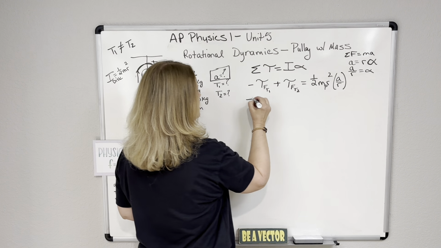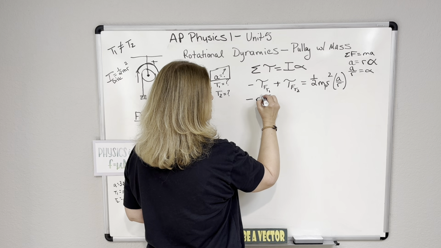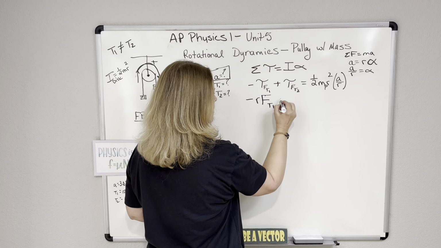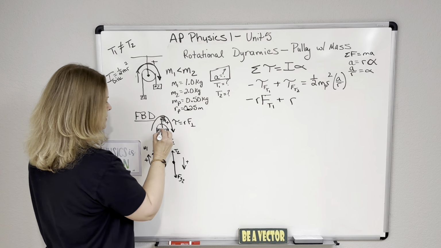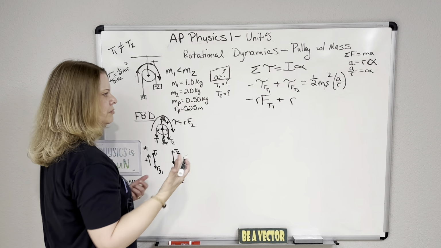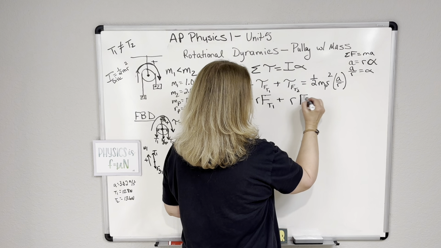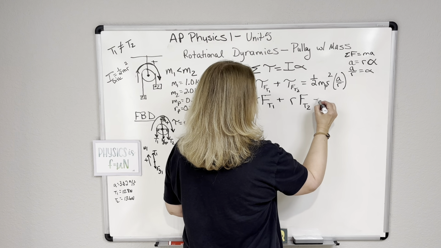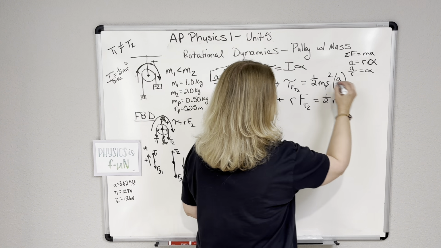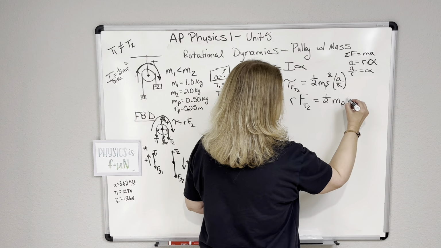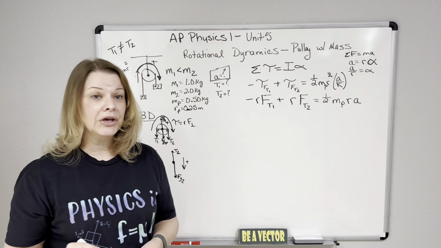So that's going to be a negative R times that force of tension 1, plus R, again, they're both at the edge of this disc, so they're both a distance R from the axis of rotation, times force of tension 2. And that's going to equal 1/2 mass of the pulley, and one of these R's cancel, so I have R times my acceleration. Okay, it's looking good.